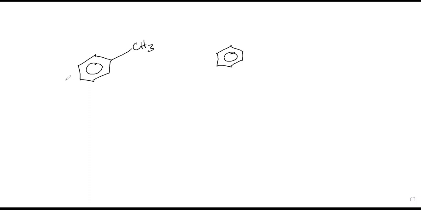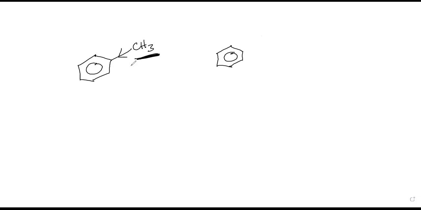So for the case of methyl benzene, this methyl group donates electrons to the benzene ring, increasing its electron density and thus the attack by the electrophiles, compared to benzene, whose electron density is lower because it has no donating group. So where you have a donating group like a methyl group, which donates electrons to the benzene ring, the benzene is now rich in electrons.